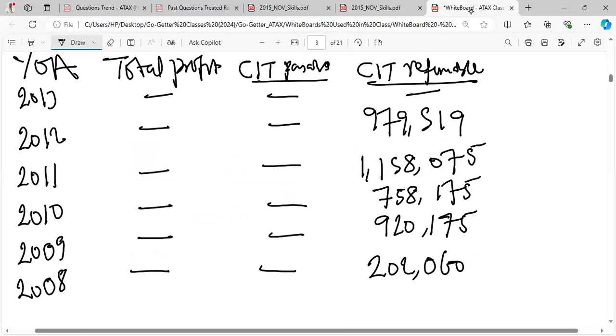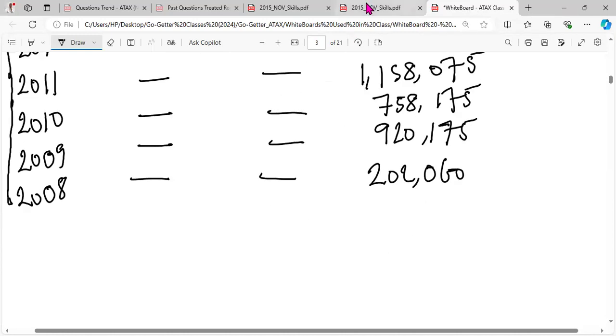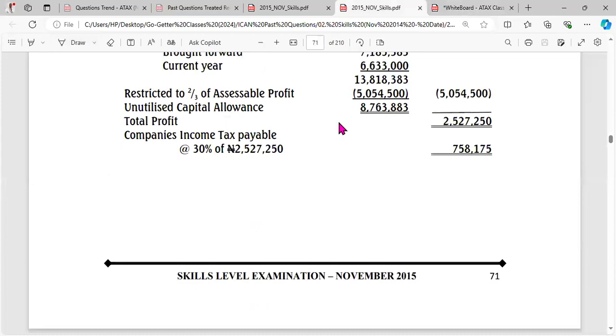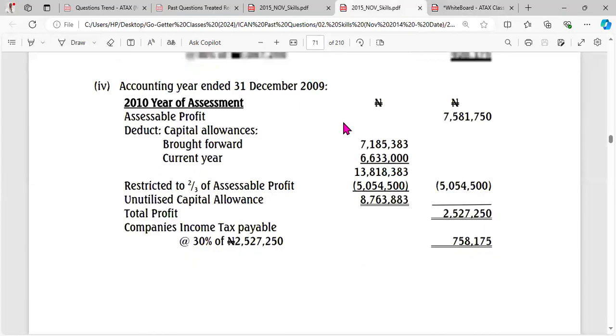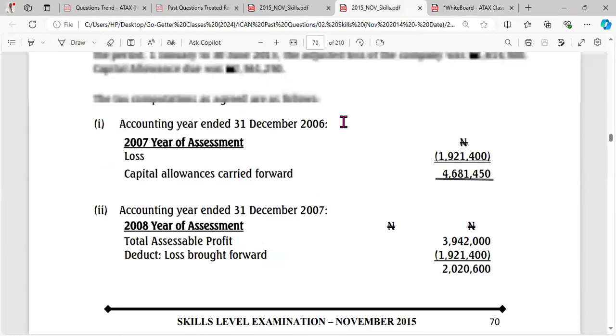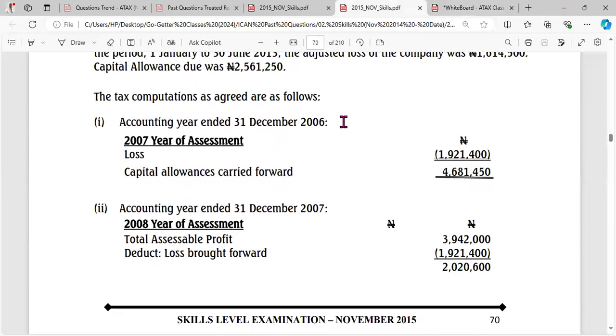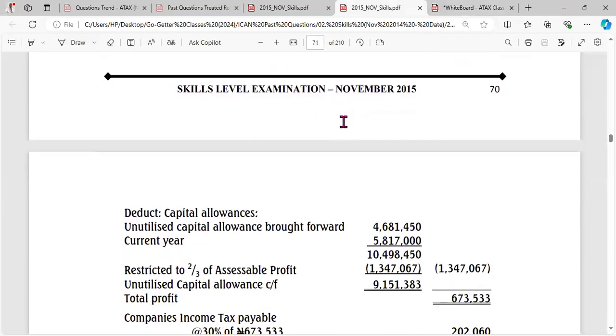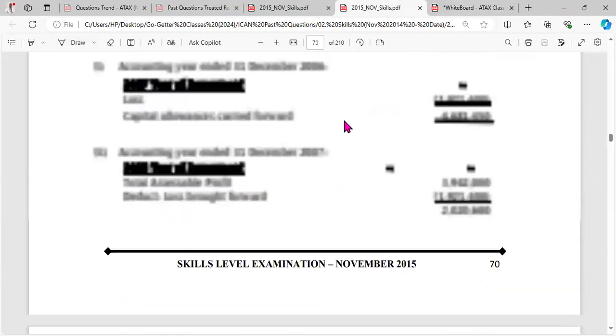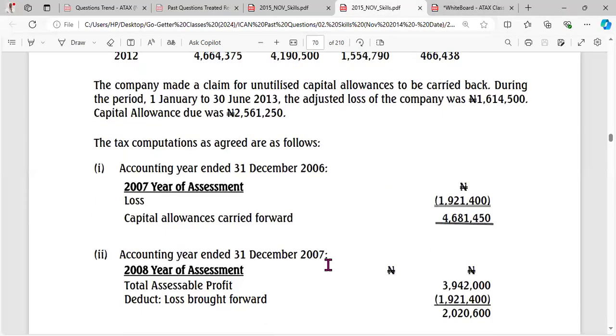So you see here, these are the five years you carried backward. It's these five years: 1, 2, 3, 4, 5. For the year 2007, it was just given to you to see whether you will go and use it. For some people, they will go and use it, but you are not supposed to go to 2007.